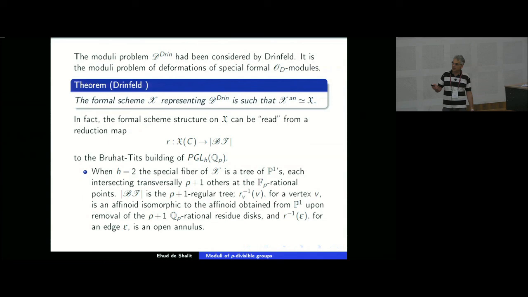So I write it in calligraphic X for the formal scheme and Fraktur X for the rigid analytic space. But at this level of generality at which we're doing things, you should think of them as being the same thing.